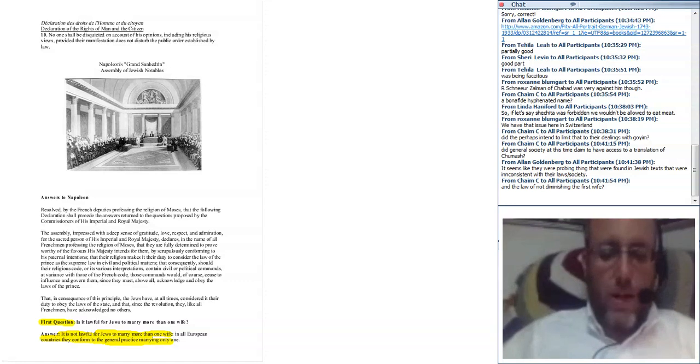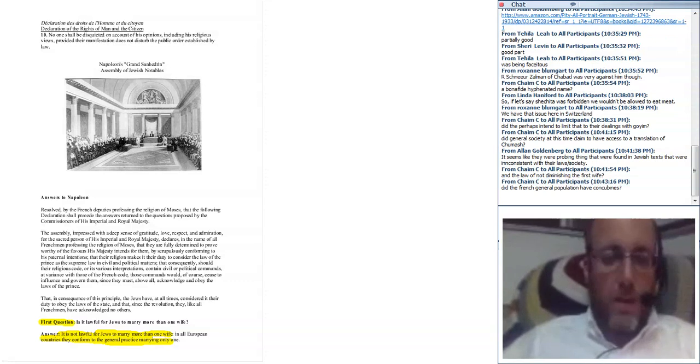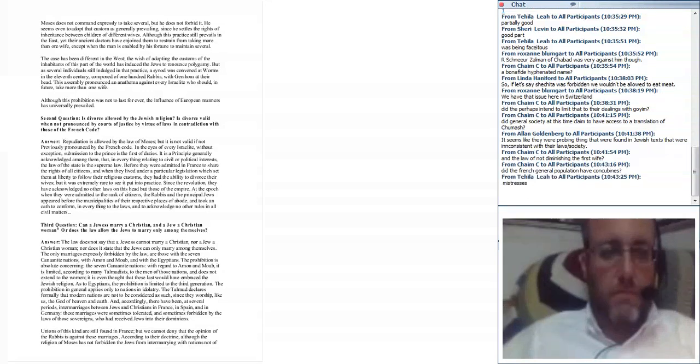And as a matter of fact, the famous Takana of Rabbeinu Gershom Hagolah made a number of very famous takanot. He put it on the books, as it were, that you can't have more than one wife. But even when he did that, around 1,000 years ago, it was no longer the practice.